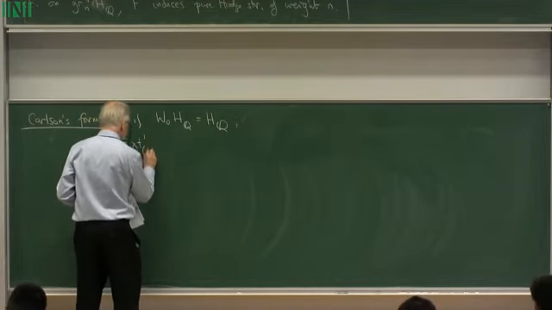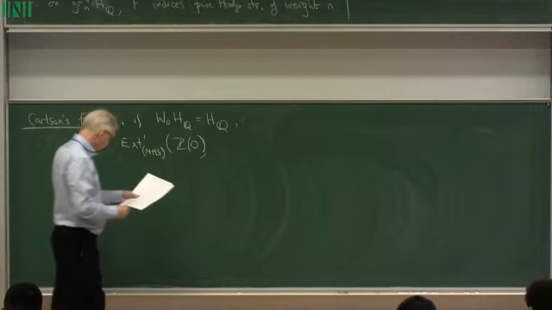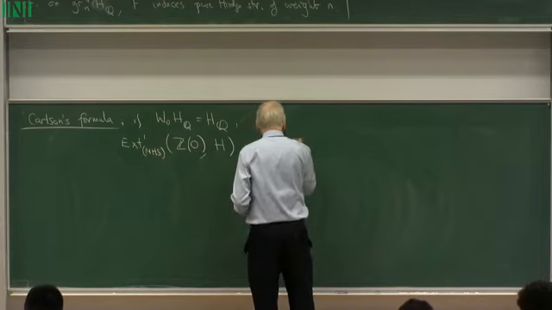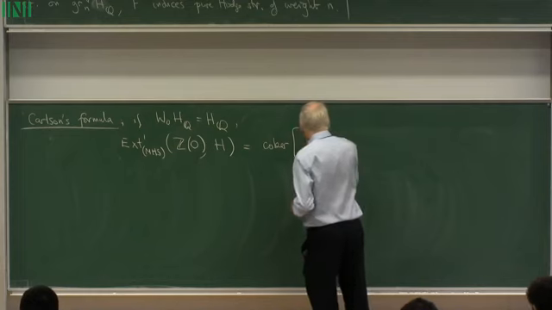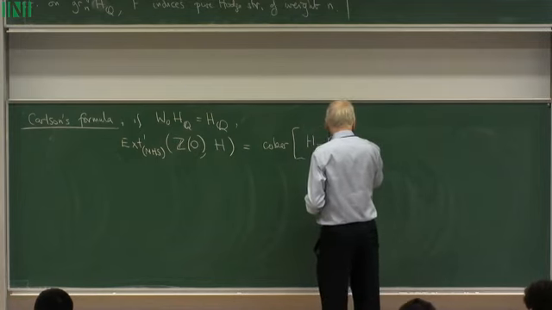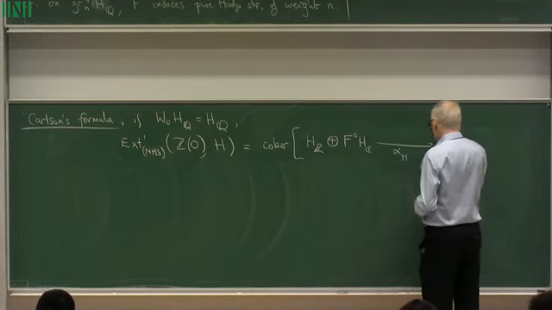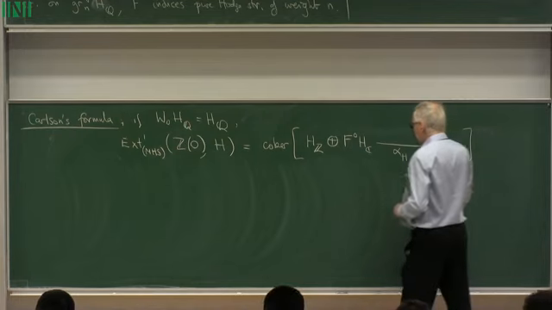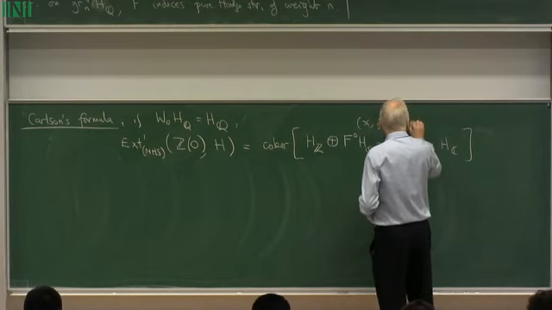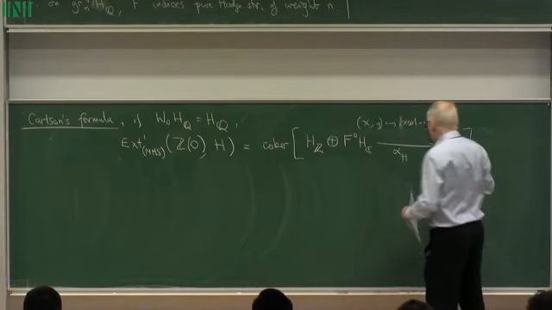So the formula says that the Ext of the trivial Hodge structure by H is given by the cokernel of this map, which I'll call alpha sub H. This is just the map given by x, y goes to x tensor 1, it's just the difference between the two obvious maps into H.